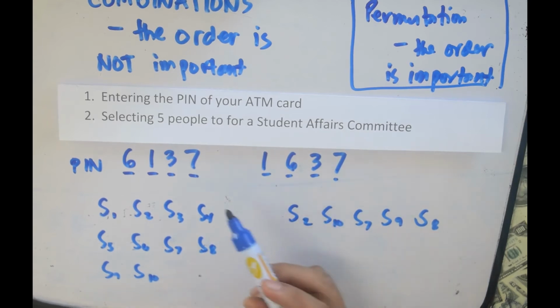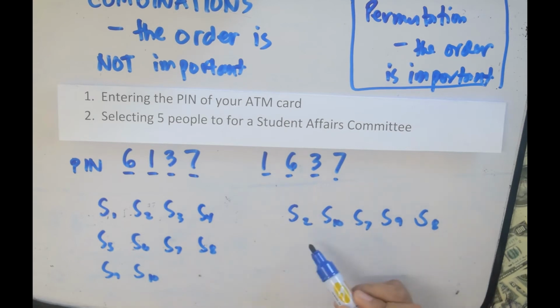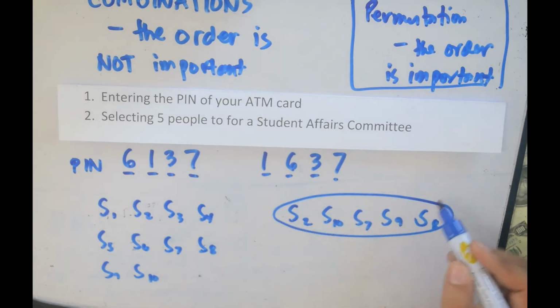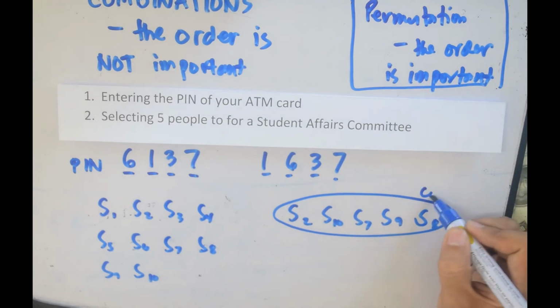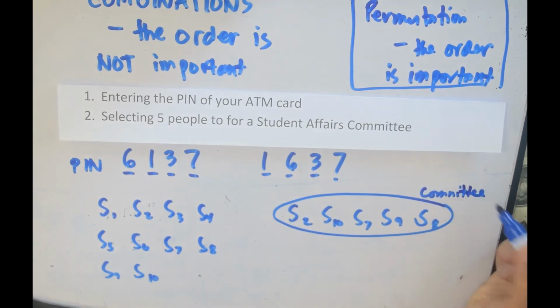We are going to select 5 people to form a committee. So we select student 2, student 10, student 7, student 9, and student 8. There are 5 people and this is one committee.